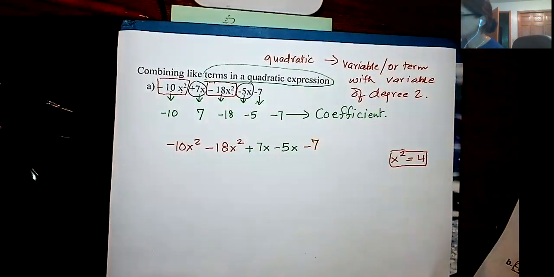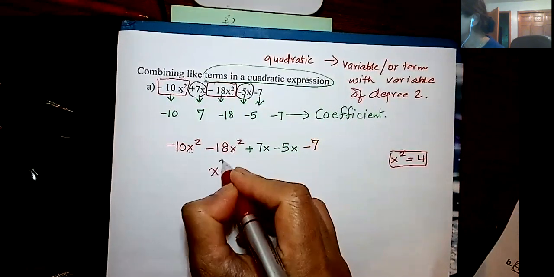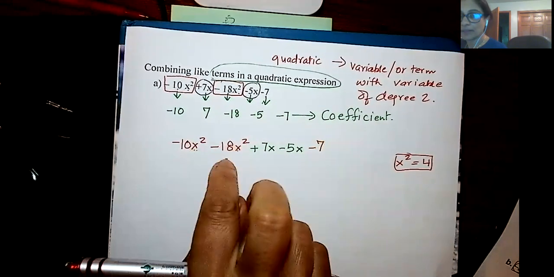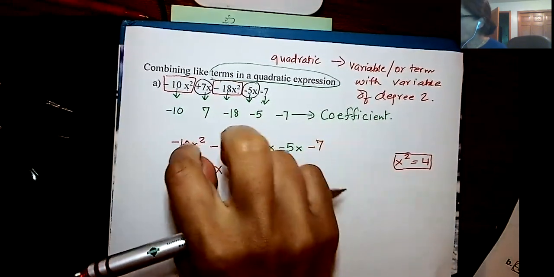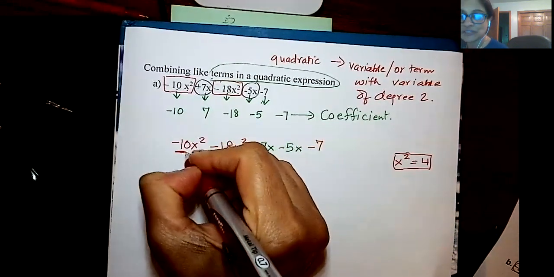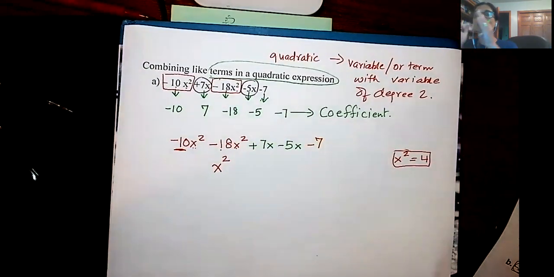Okay. So when I add these two, I will still get the same variable. The variable and the exponent stay the same when you're adding and subtracting. Once again, when you combine like terms, you keep the variable and the exponent. All you focus on is that the coefficient changes. So negative 10, negative 18, you're moving left on the negative side.